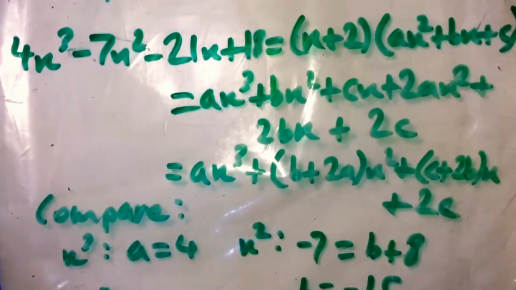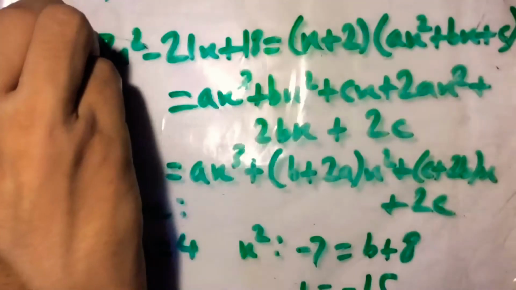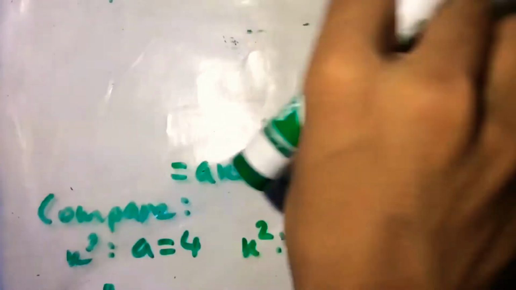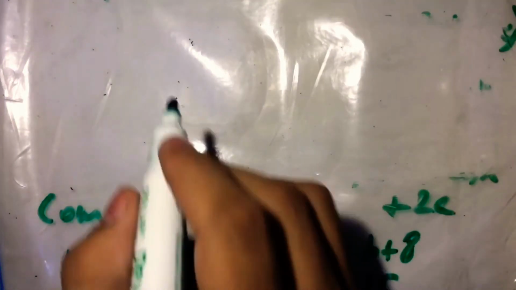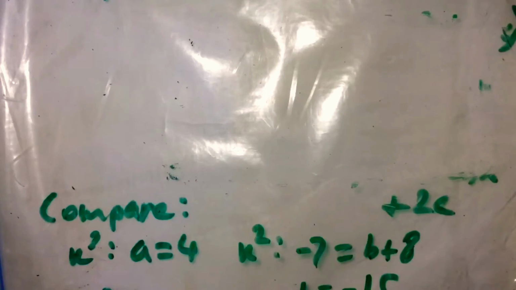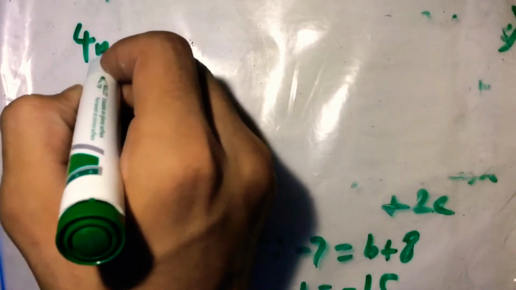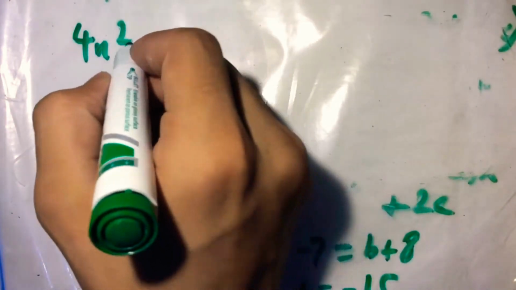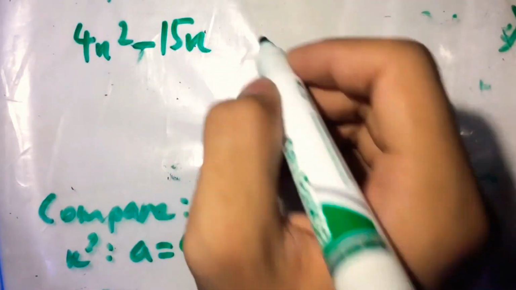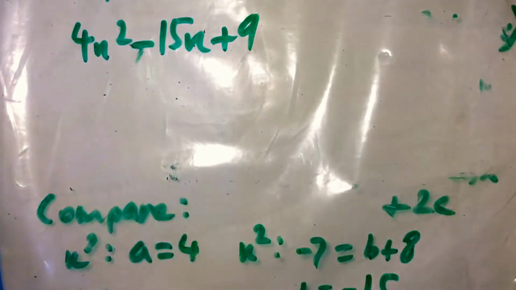Therefore, the quadratic equation that we've got is ax square plus bx plus c. a is 4, so 4x square. b is minus 15, so minus 15x, and c is 9, so plus 9.